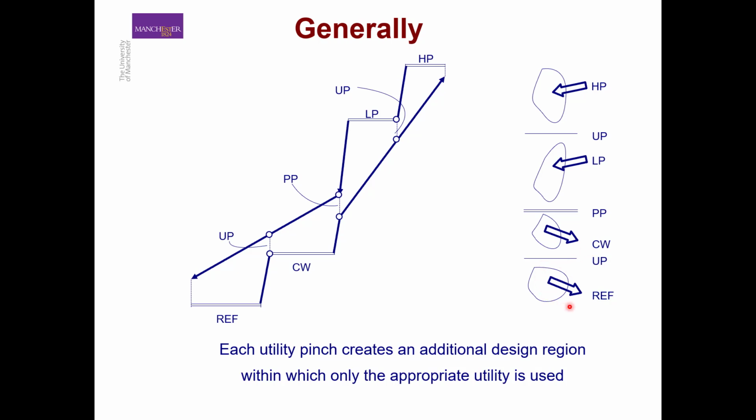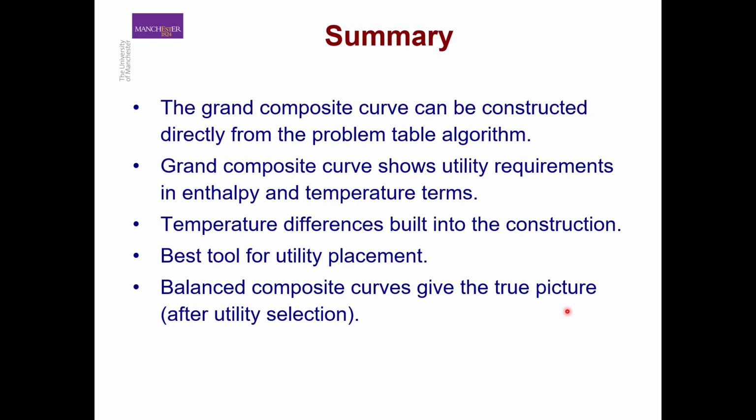And the last design region for our hand design uses refrigeration as our second cold utility. So each of these utility pinches creates an additional design region where only the most appropriate utility is used, and for each of these design regions, we have to design a separate heat exchanger network.